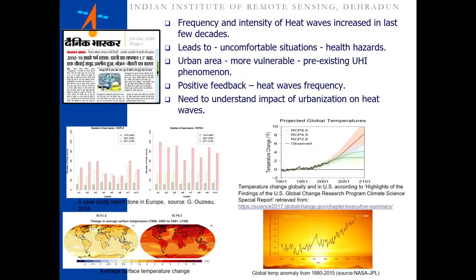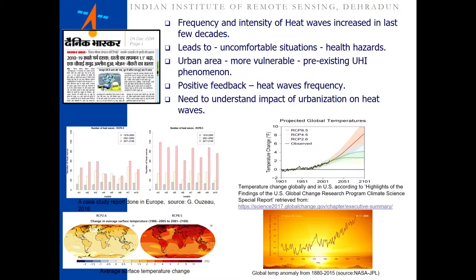Now there is one more aspect of your urban area where we talk about heat waves. Over a period of time we have seen that the frequency and intensity of heat waves is increasing in the last few decades, and it leads to very uncomfortable situations and health hazards.